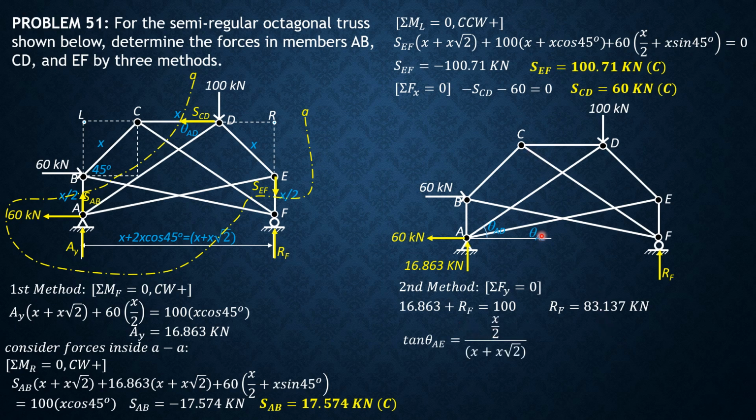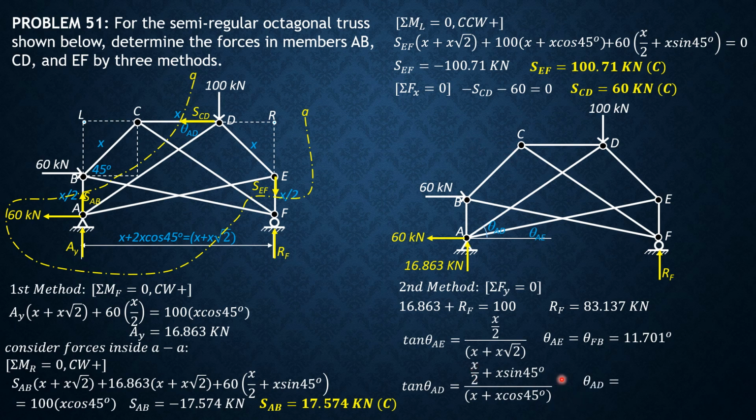Let's solve for the angles first. Tangent theta AE is X over 2 divided by X plus X square root of 2. Cancel X, imagine X is 1. Theta AE is 11.701 degrees, and that is also theta BF. Then tangent of theta AD is equal to X over 2 plus X sine 45, divided by X plus X cosine 45.